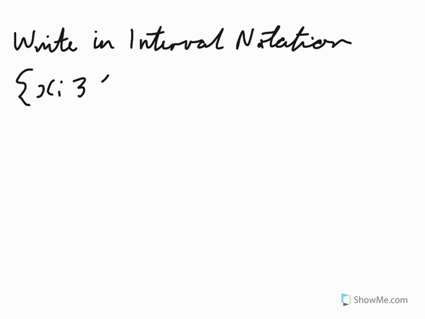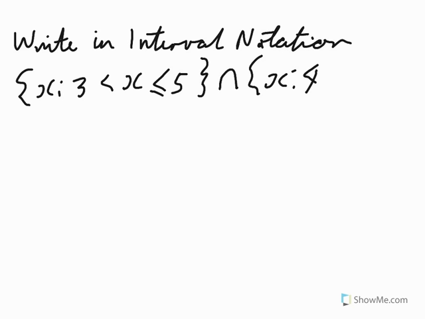So we've got 3 is less than x is less than or equal to 5, intersection with x, where 4 is less than or equal to x, is less than 7.